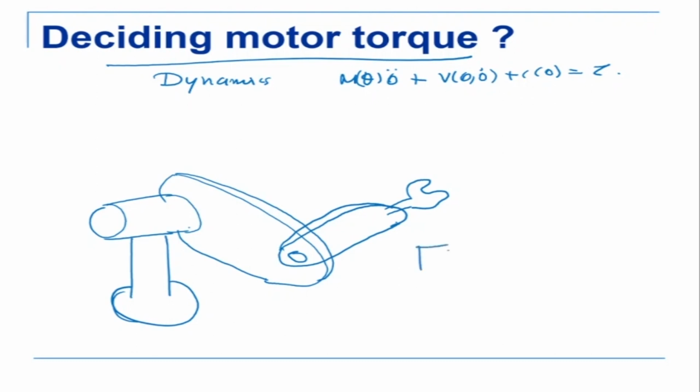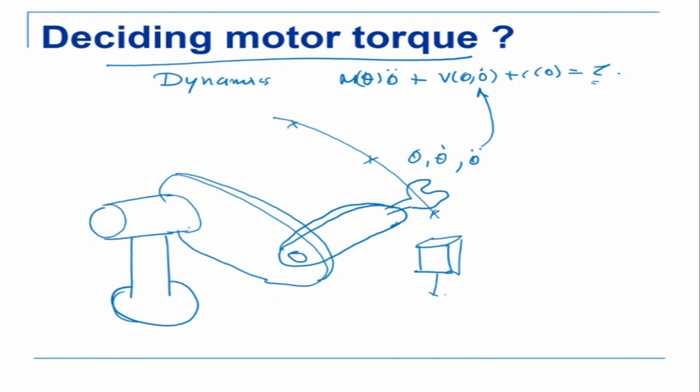It can pick up a mass, and then drop it also, or do some particular task. To move along a particular trajectory, we can compute theta, theta dot, and theta double dot using trajectory planning. I put these in here, and I get my joint torques. Depending on the joint torques, I have to decide my actuator.